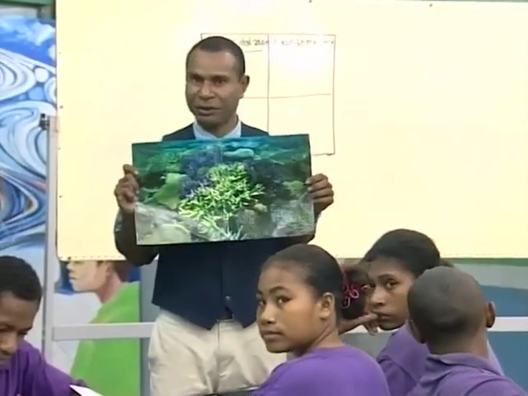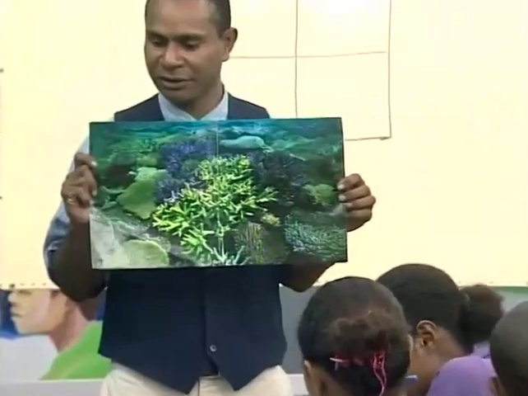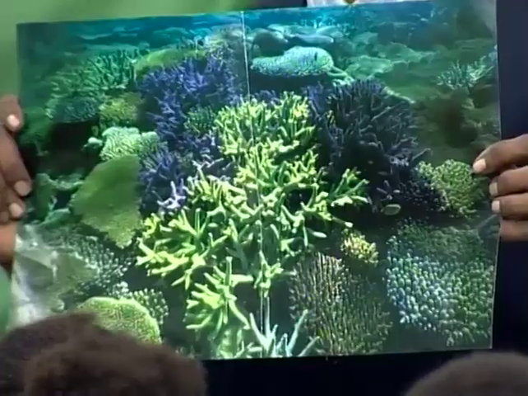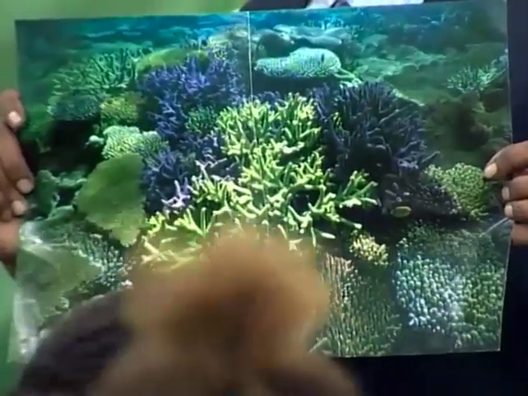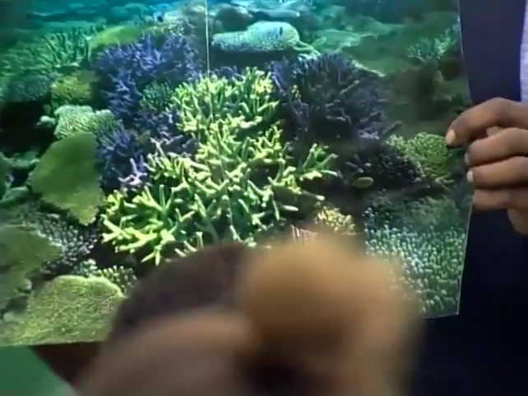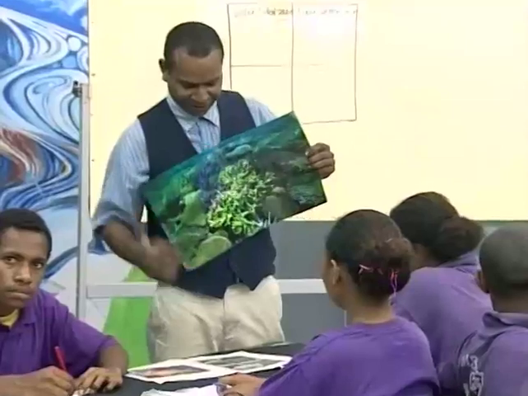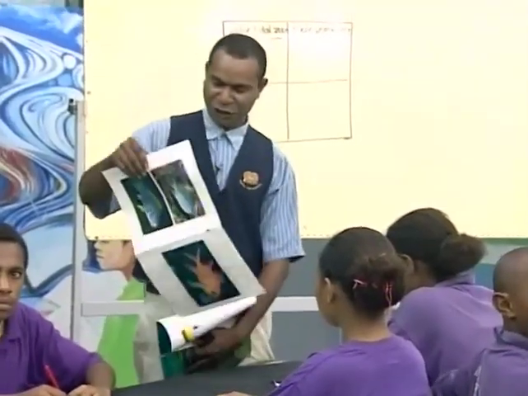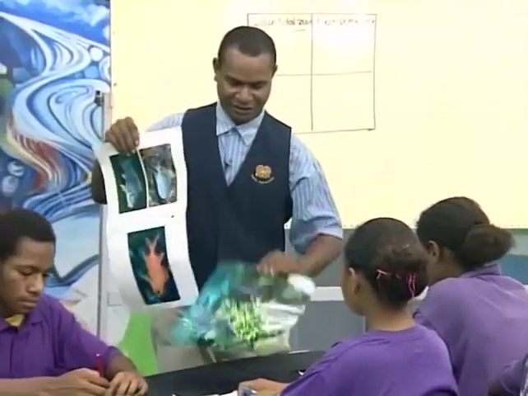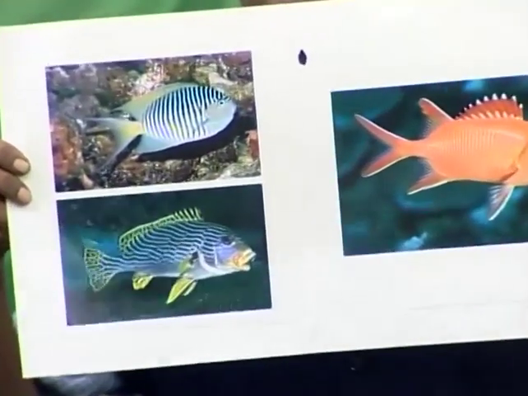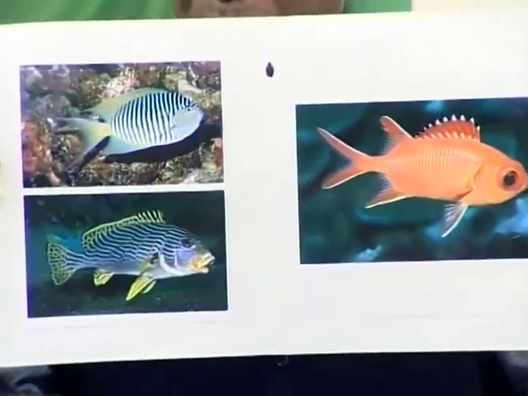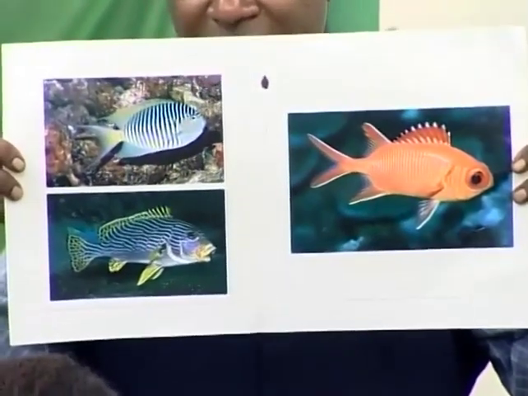So they brought a picture of the coral reef, and also some pictures of fish. 1, 2, 3 pictures of fish.